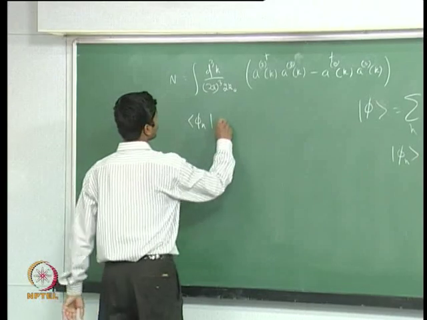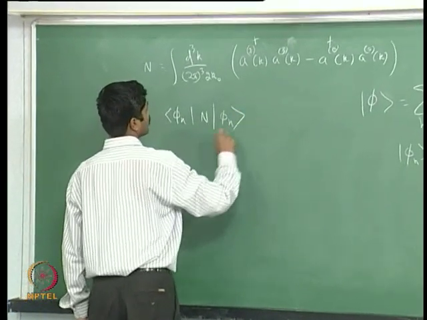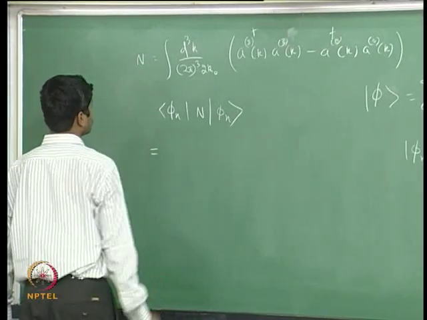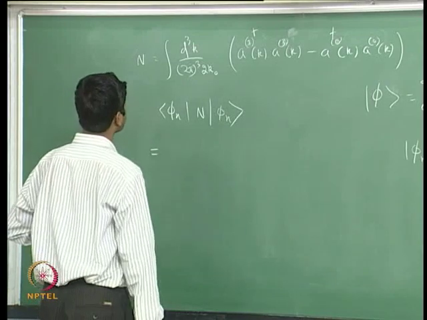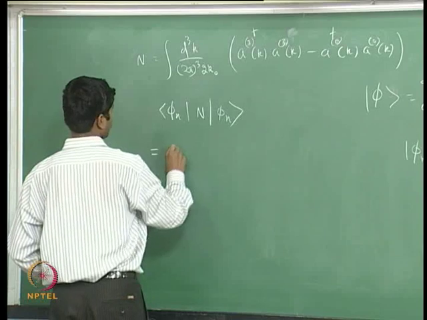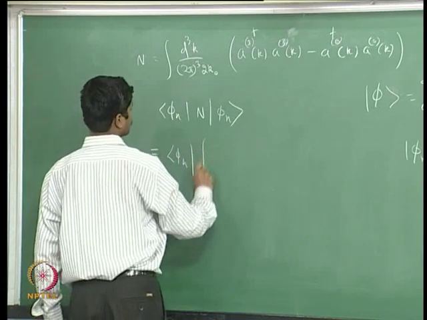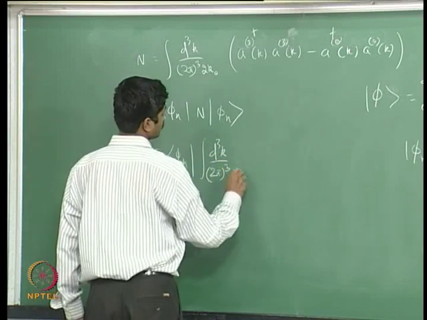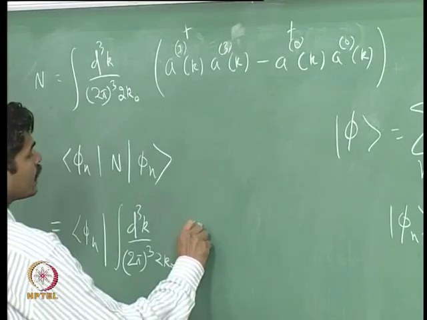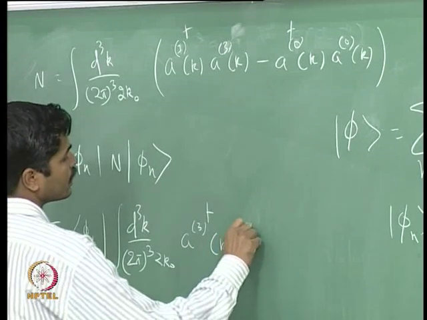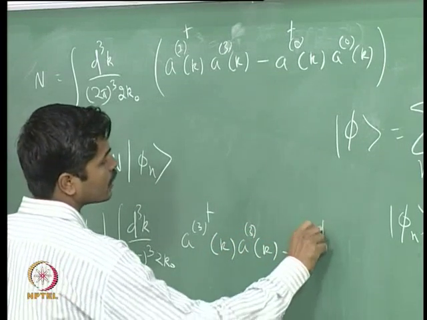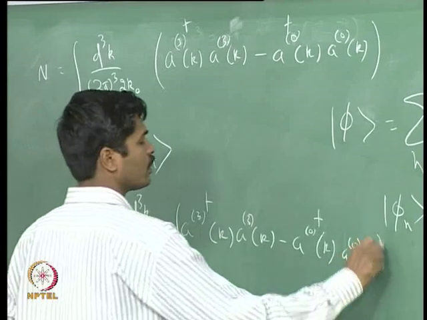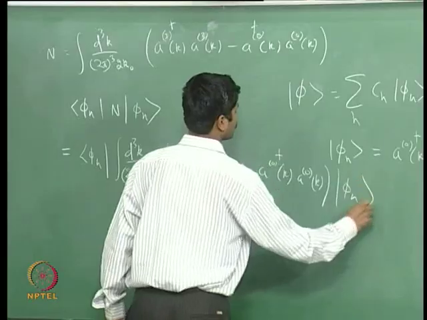So, now if you look at this quantity here, you can show that this is d cube k over 2 pi cube 2 k0, a3 dagger k a3 of k minus a0 dagger k a0 k, acting on phi n here.